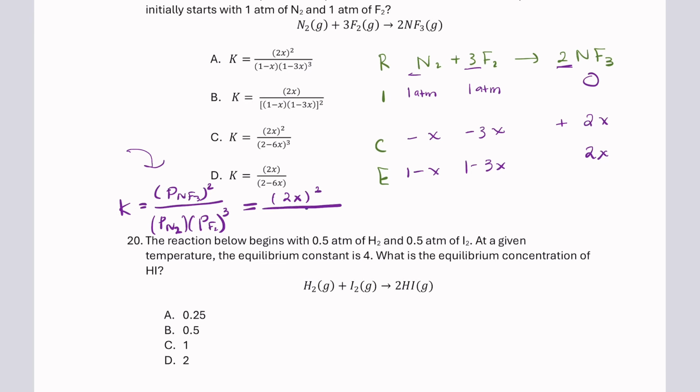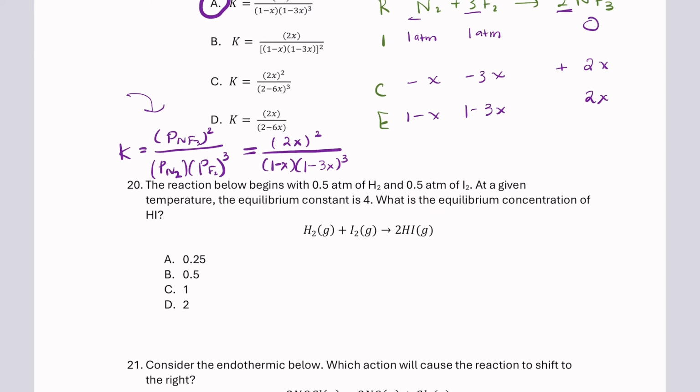Next, I'm just going to substitute the equilibrium expressions from my RICE table. The numerator becomes (2x) squared. The denominator becomes (1 minus x), in parentheses, times (1 minus 3x) cubed. Looking at the answer choices, the one that best matches this is A.